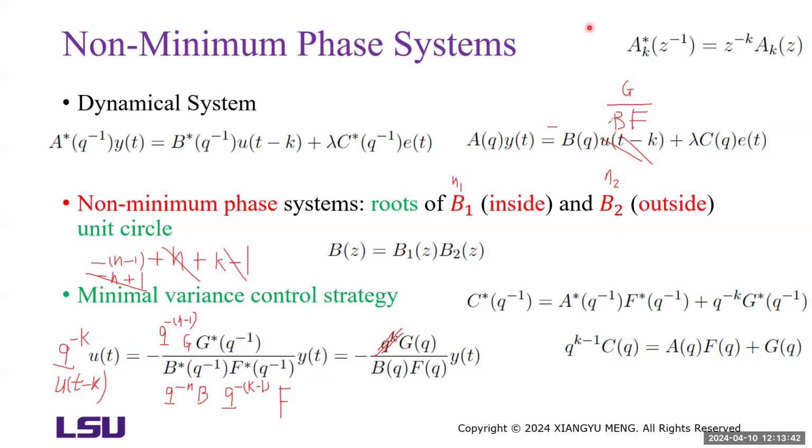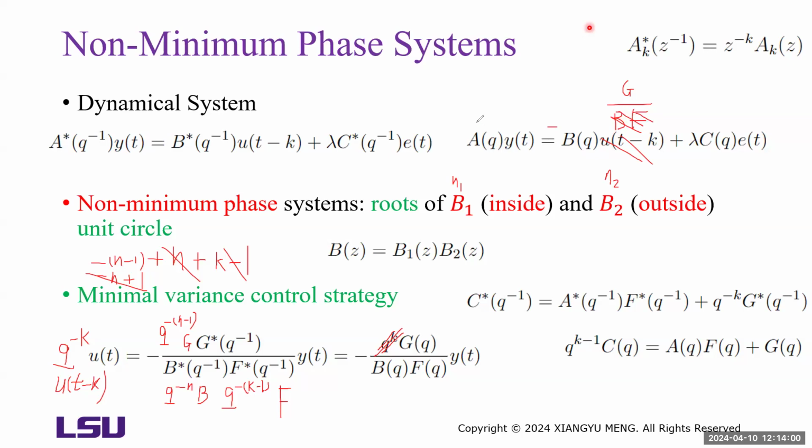First, we cannot cancel the polynomial B because B is not a stable polynomial. So let's multiply B F on both sides of the equation.